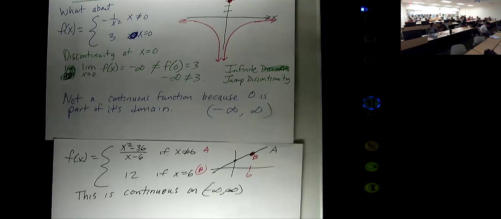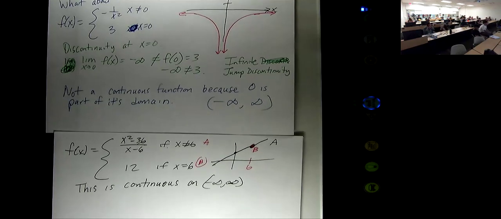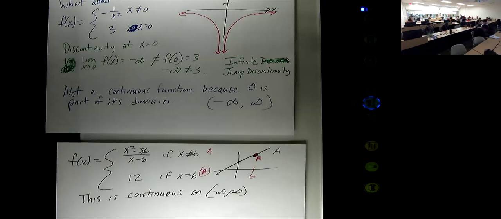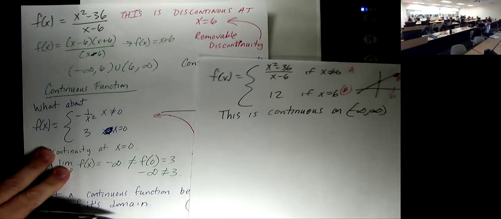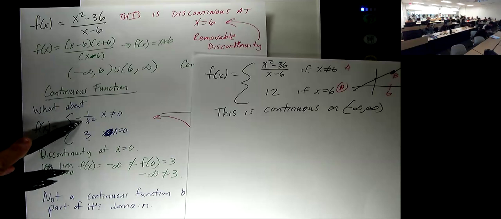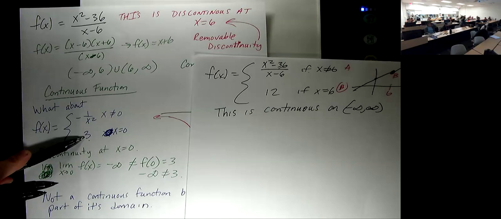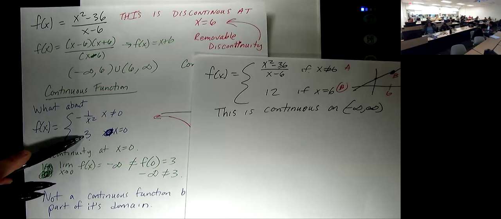And domain is simply, is there a y value for that x? So even though this part didn't have a y value for x equals 0, this part did. So it is defined at x equals 0. We actually have a point there, we saw it on the graph.